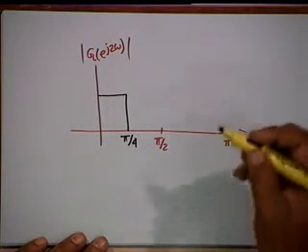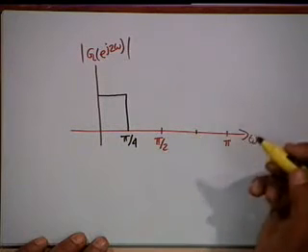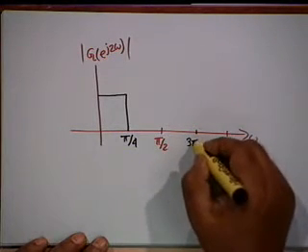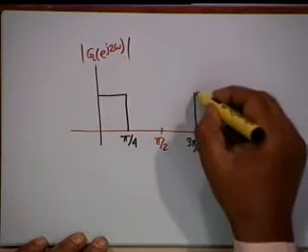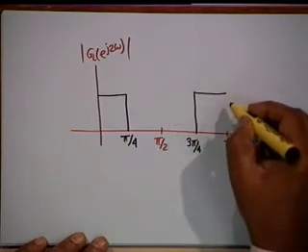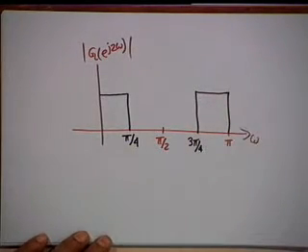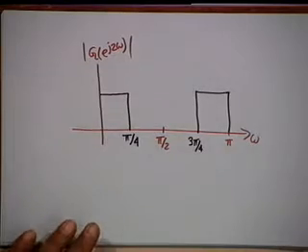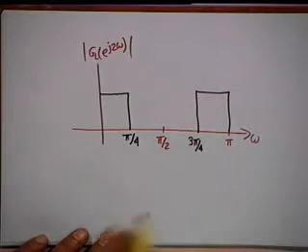And then from 3 pi by 4 to pi. Okay, so it would be something like this. We don't have to go beyond. We shall cut it off here. We don't require the rest of it, because pi is our ultimate digital frequency.